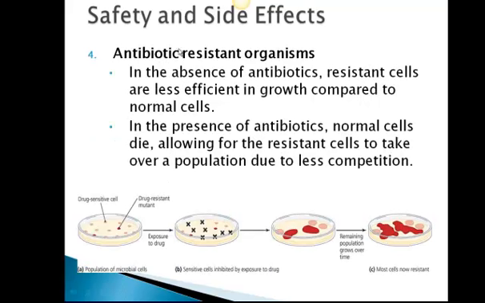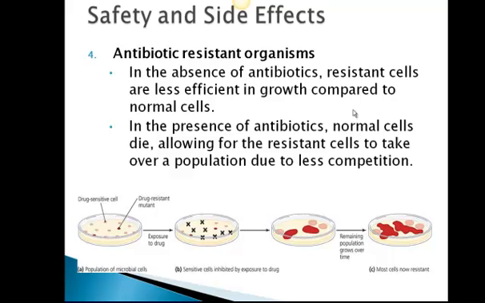And one thing that we should mention about antibiotic-resistant organisms: in the absence of the antibiotics, resistant cells typically are less efficient in growth compared to normal cells. And this is because there's an expense to making resistance components within the cells.